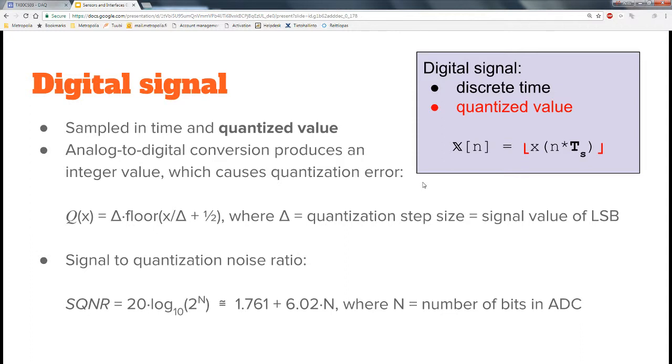That actually gives you some sort of clue if you want, for example, 100 dB dynamic range. It shows you how many bits you should have at least on your A to D converter.